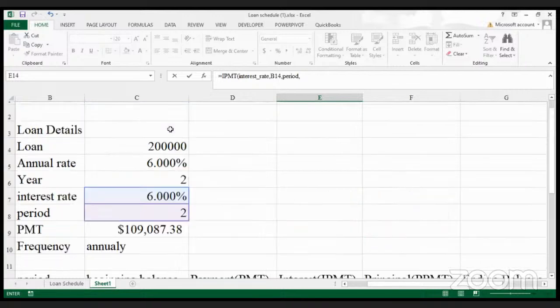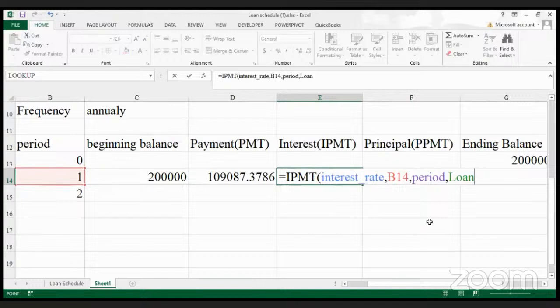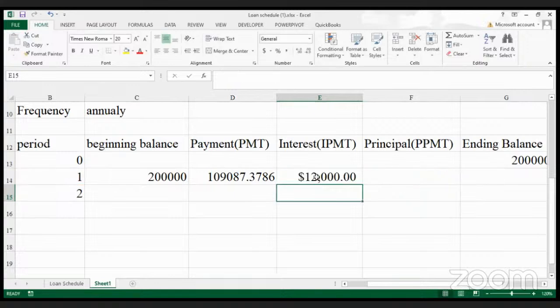So just go and pick it there, or you type the name. You will see it giving you the name there, comma. Future value 0. Type is at the end of the period. And remember, interest is cash outflow. So we have to introduce a negative here to make it a positive. And that's how we get our interest.